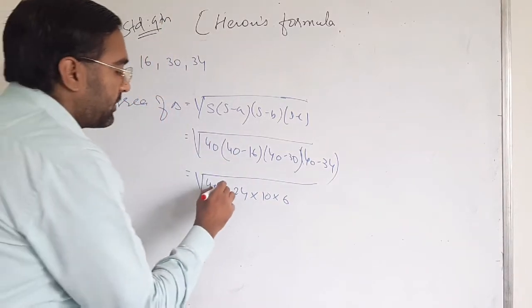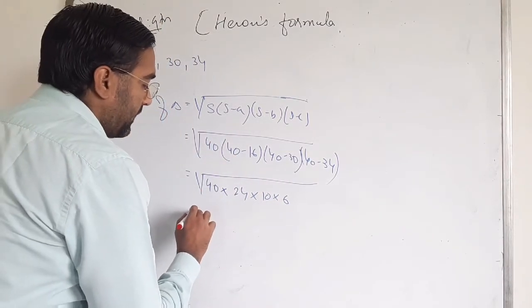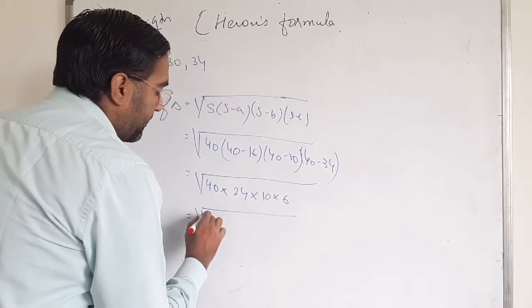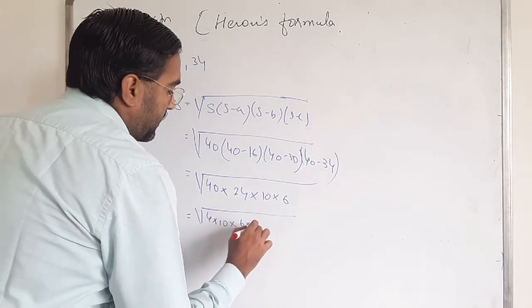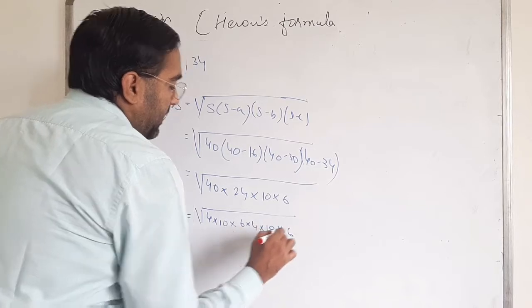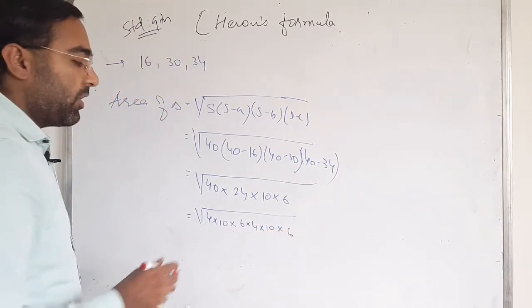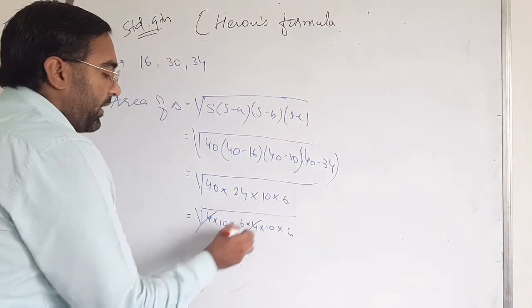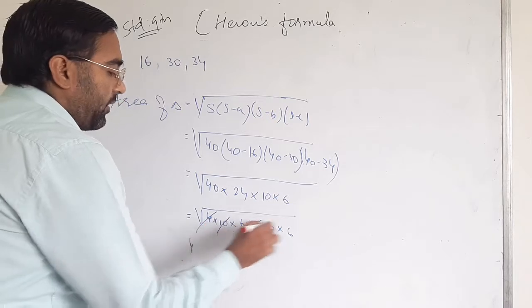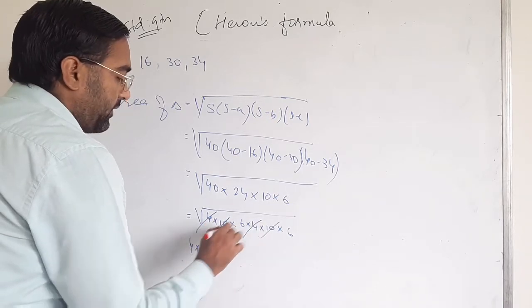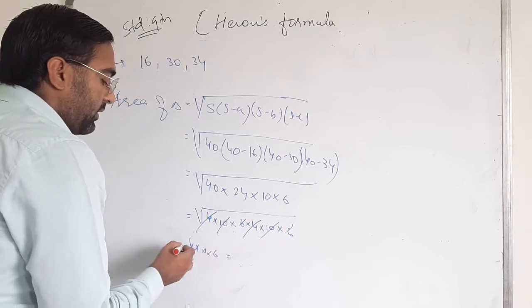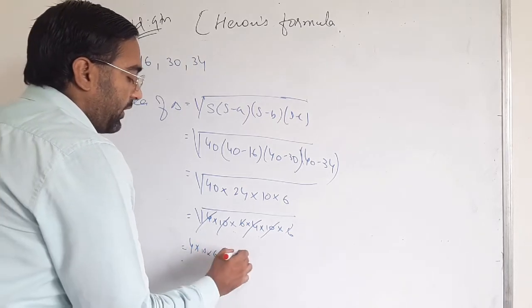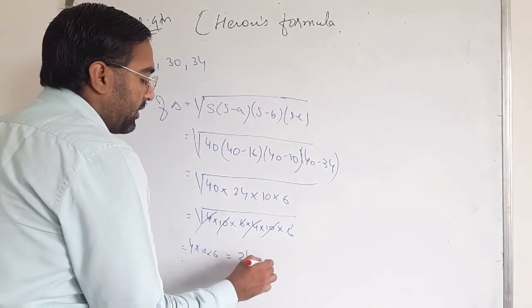Now we have to factorize this. 40 will be factorized as 4 tens, 24 as 6 fours, and 10 and 6 stay as they are, because we have to find a pair of 4, a pair of 10 and a pair of 6. So my answer is 6 fours are 24, 24 tens are 240 meter square.